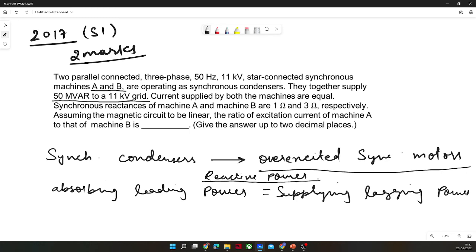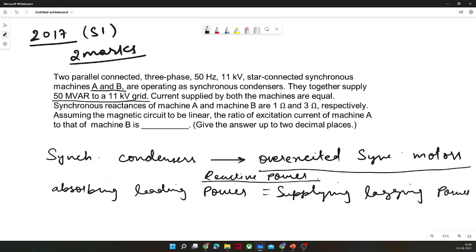But in general, how I remember these confusing things every time: if any machine is overexcited, it means it has more flux or it can supply more reactive power. Then it will supply lagging power because the grid is in need of lagging power. Only if it supplies lagging power can other machines absorb it, because all machines need lagging reactive power.